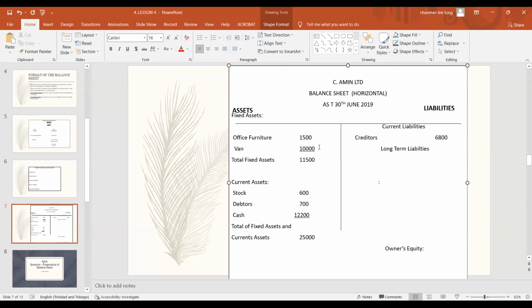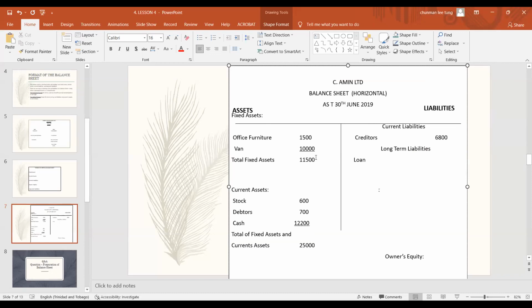Under your long-term liabilities, remember, those are liabilities that are beyond a year. This loan is supposed to be paid back in 4 years, so it's a long-term liability. So the loan will go under long-term liabilities, and if you look in the column, you're going to see loan, $12,000. The last part of your liability section is your owner's equity.